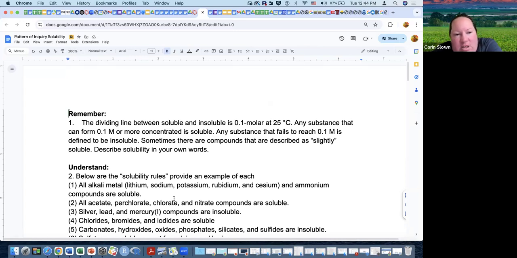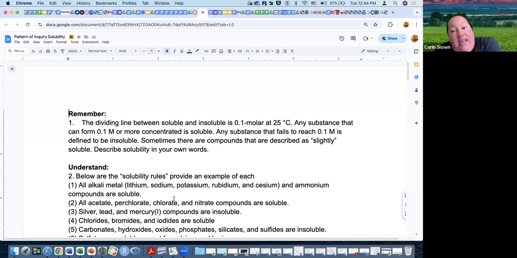The first question just asks you to think about how to describe solubility. I've given you a textbook reference answer: the dividing line between soluble and insoluble is typically 0.1 molar at 25 degrees Celsius. Any substance that can form 0.1 molar or more concentrated is considered soluble.